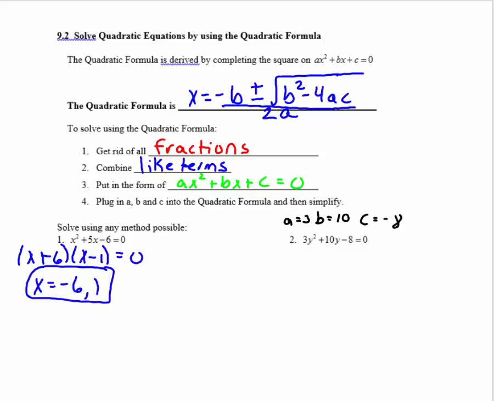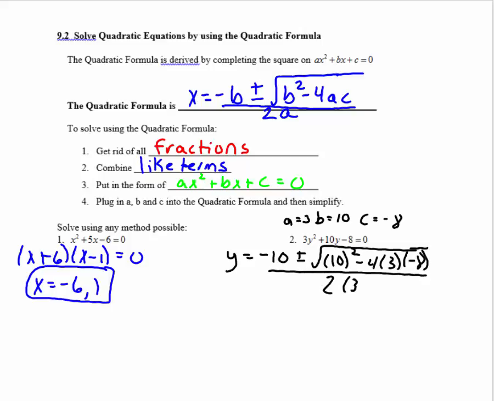Now we're not going to say x equals, we're going to say y equals, because that's the variable I'm using. So y equals the opposite of b, so negative 10 plus or minus the square root of, I need to take 10 and square it, use parentheses, minus 4 times a, which is 3, times c, which is negative 8, all over 2 times a, and a is 3.